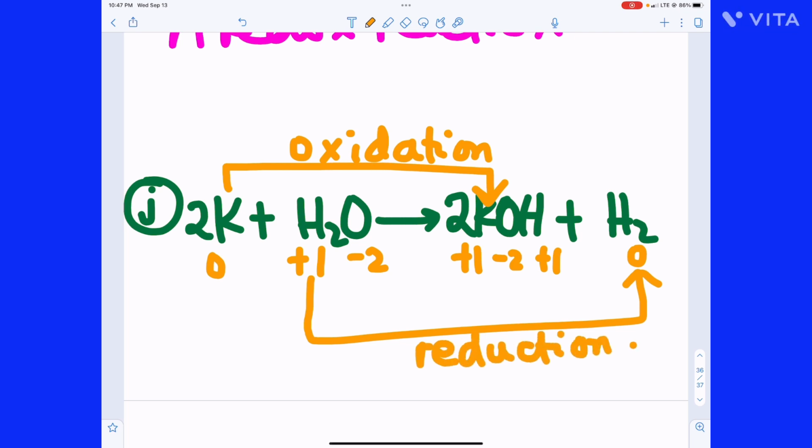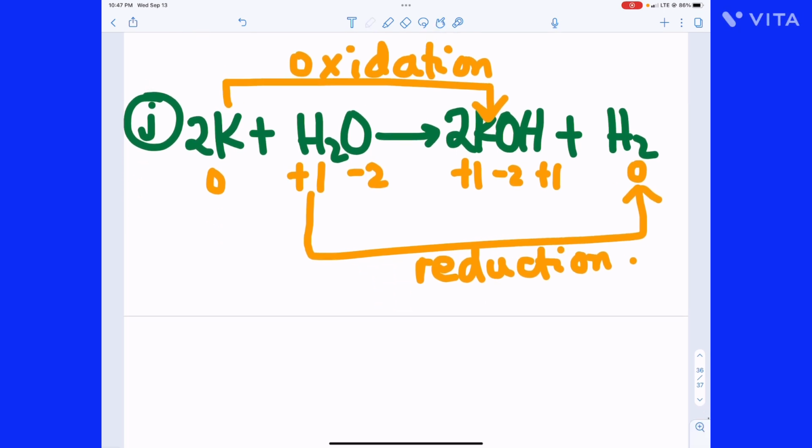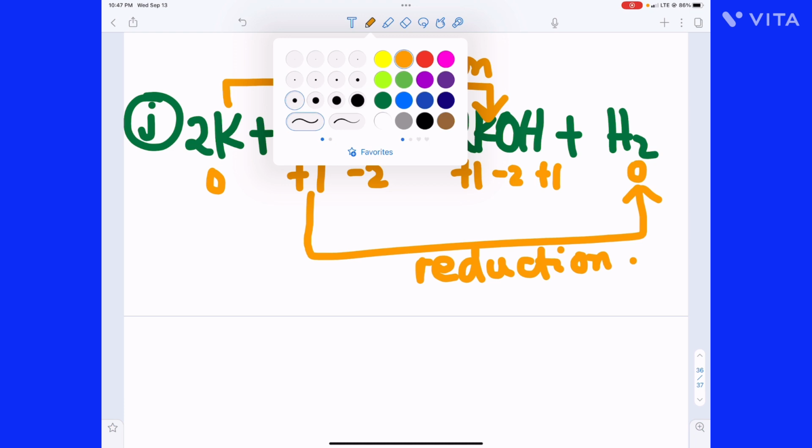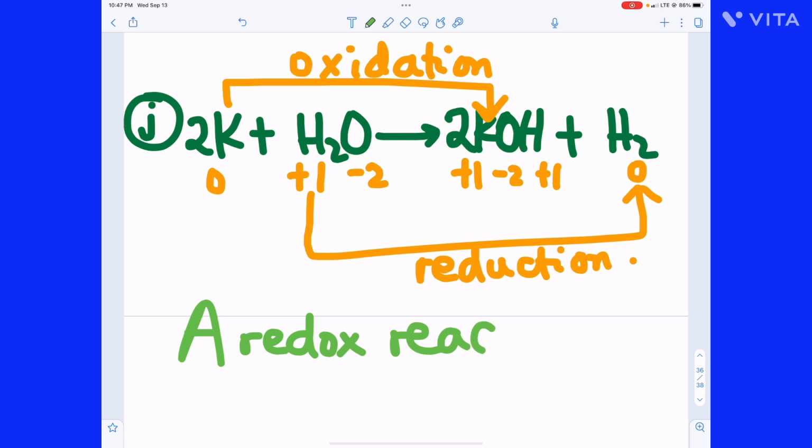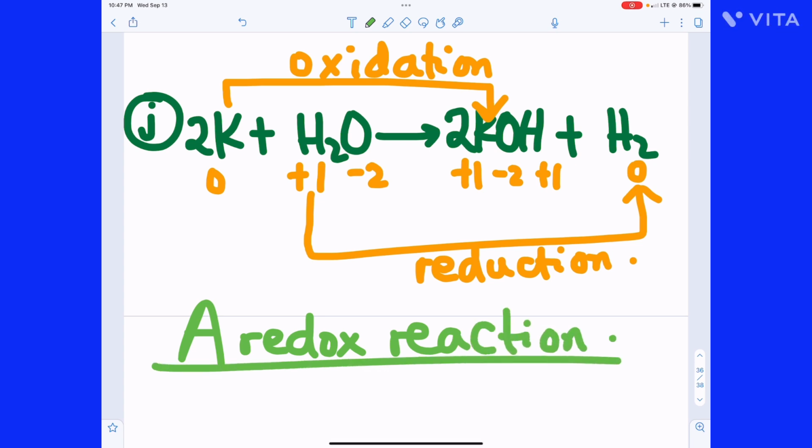A reduction. So this is a redox reaction. There's an oxidation and there's a reduction. So we say this is a redox reaction.